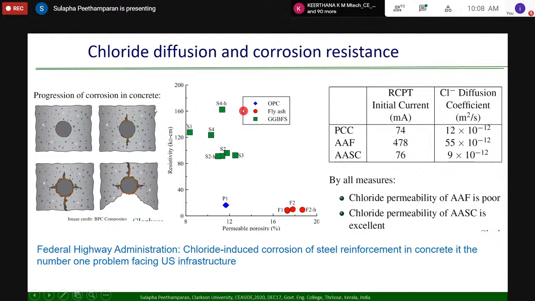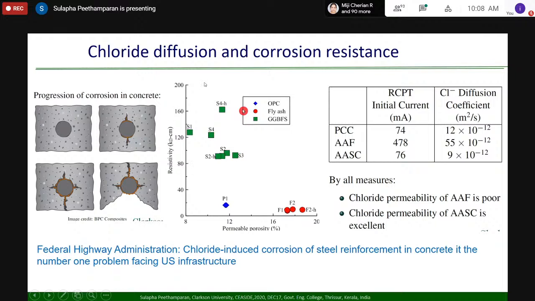If your concrete is very good, with low diffusion, you won't have chloride reaching the steel and producing corrosion. For this kind of concrete, the diffusion is significantly lower than the OPC concrete, so it is going to protect the steel from corrosion very well.